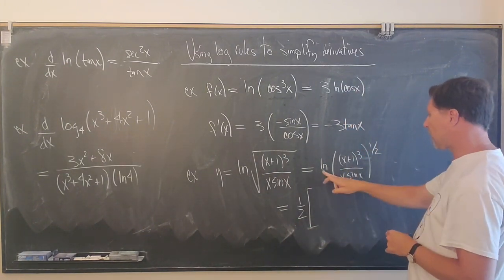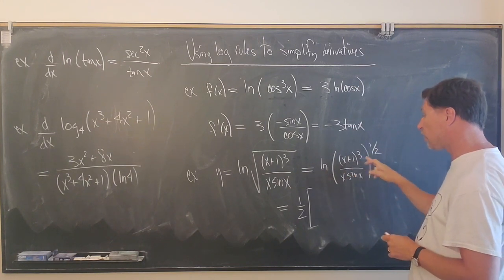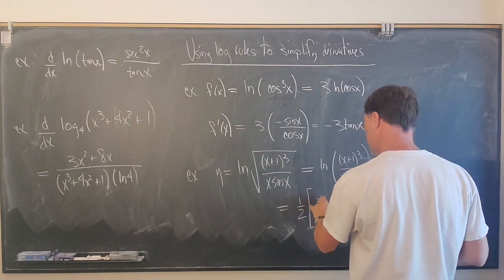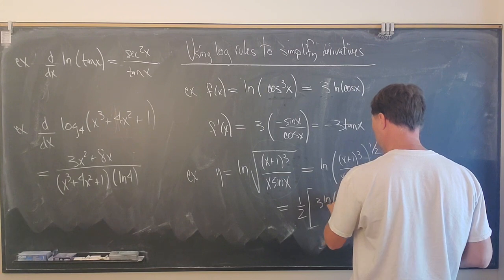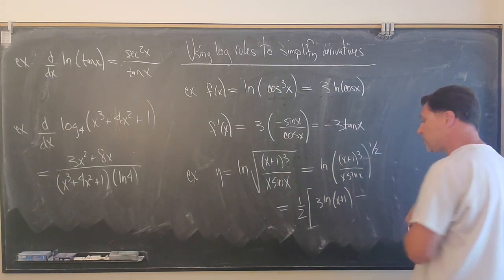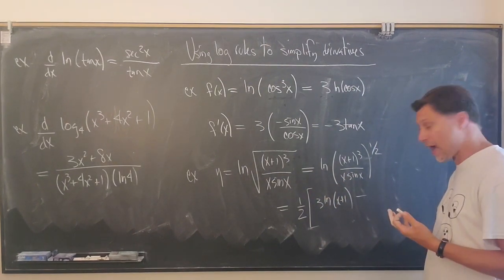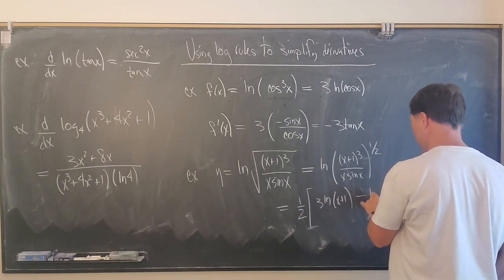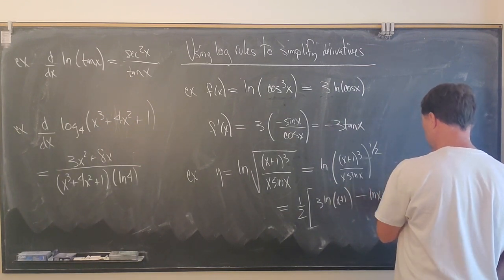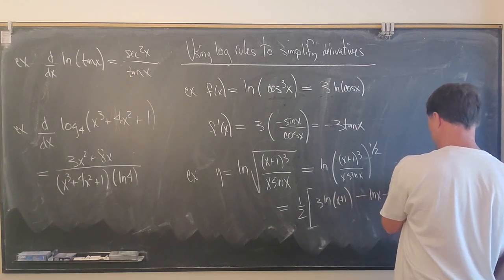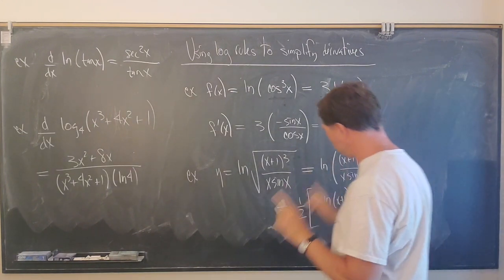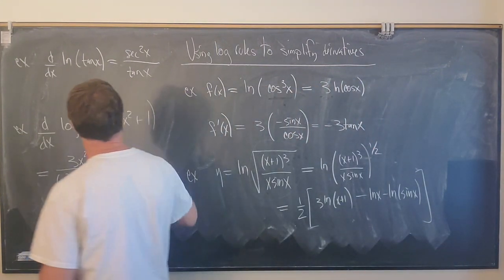Okay, so now I've got natural log of x plus 1 cubed. That's 3 natural log of x plus 1. Remember, when you divide, you subtract, so it'll be minus natural log of x minus natural log of sine x. I have not taken a derivative yet. All I did was simplify using log rules.